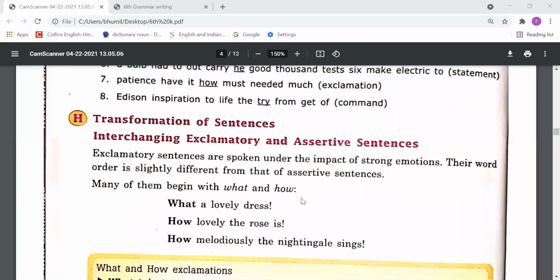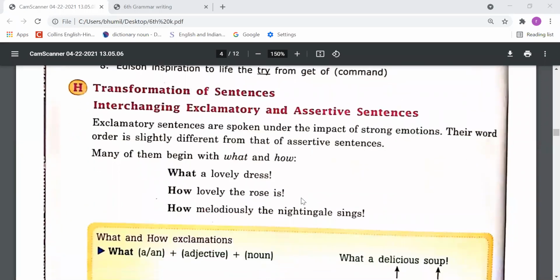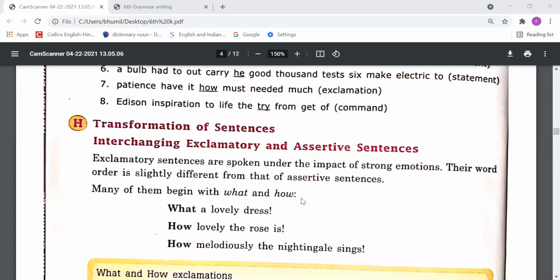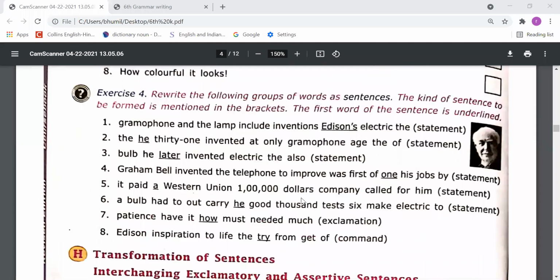exercise. Let's come to the H part, transformation of sentences, interchanging exclamatory and assertive sentences. Dear student, this part I will teach you in the next class. So the fourth exercise you have to do.